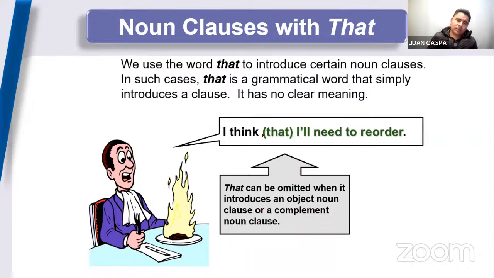Okay, it's not always important to write that to connect one clause to another one, right? This is one idea to another idea. So why? Because over here we have an object noun.